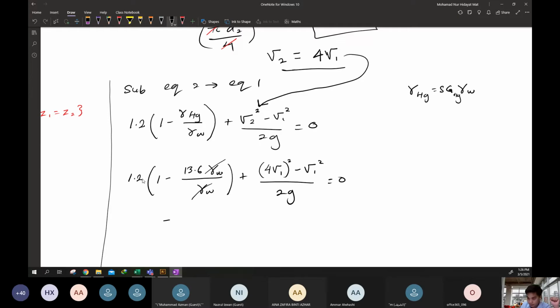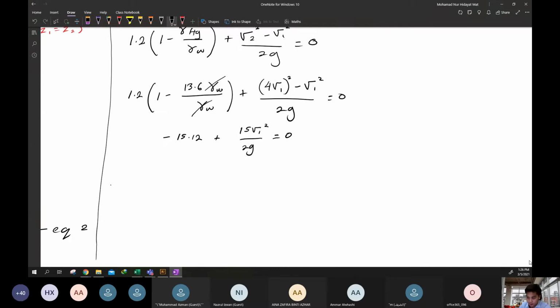You solve this one and then multiply 1.2, you will get negative 15.12. You solve this one, you will get 15 V1 squared over 2g. Then I believe you can solve for V1. Okay, so the V1 answer is equal to 4.45 meters per second.